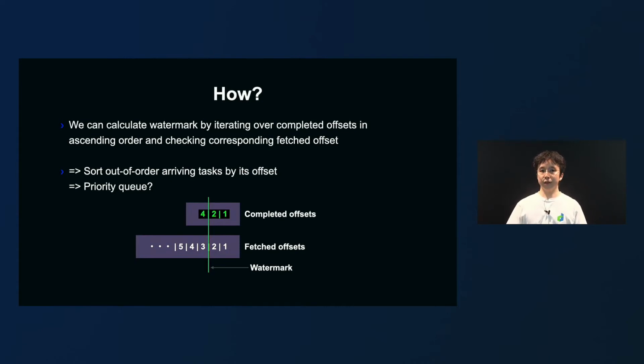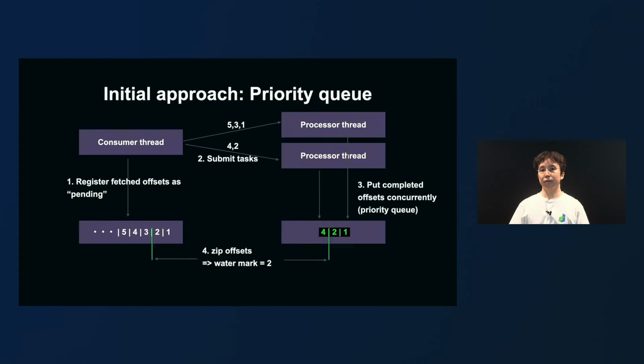As I said, the watermark is the highest offset for which all preceding offsets are already processed. We can calculate the watermark by iterating over completed offsets in ascending order and checking the corresponding fetched offset. In order to do this, a priority queue can be utilized. Our initial approach was to use a priority queue.